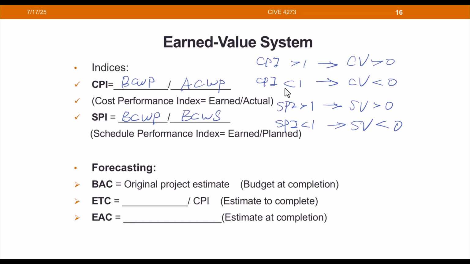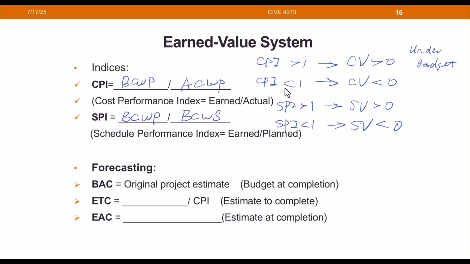So let me just tell you the answer here. For the CPI and CV, a CPI greater than 1 corresponds to CV being a positive value. That is cost underrun, or you can say under budget.